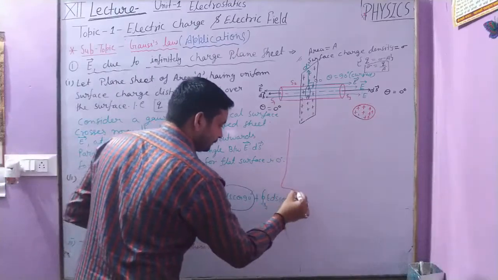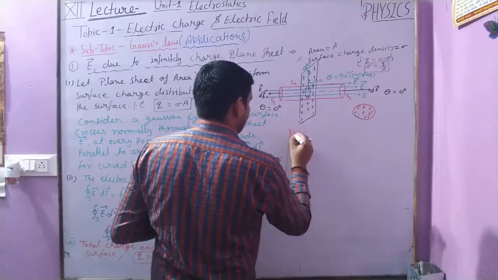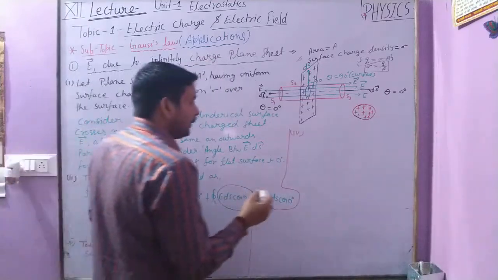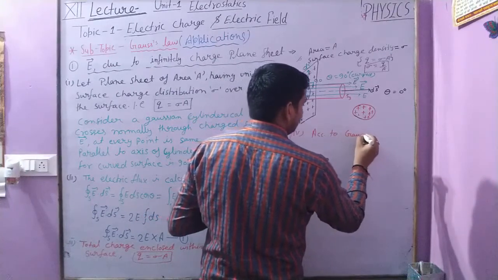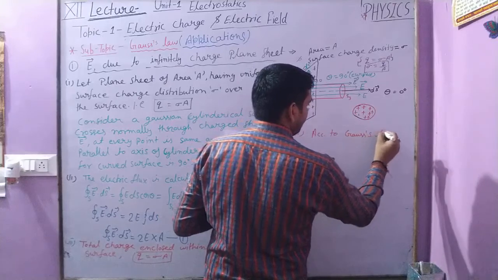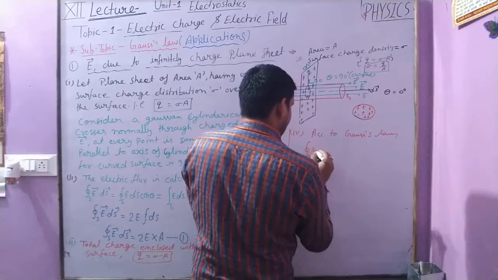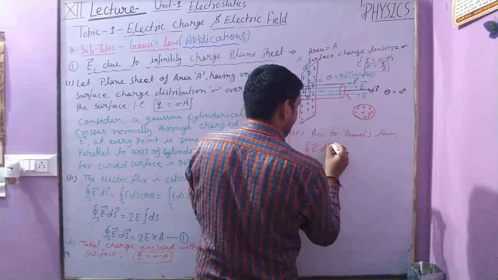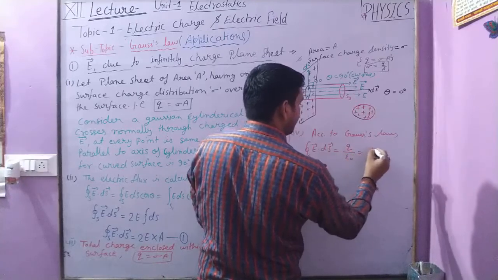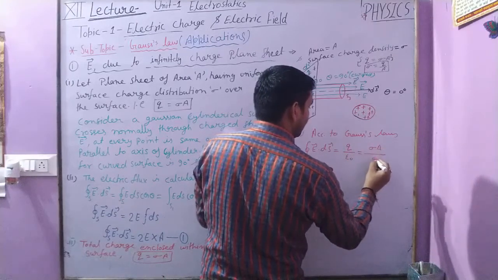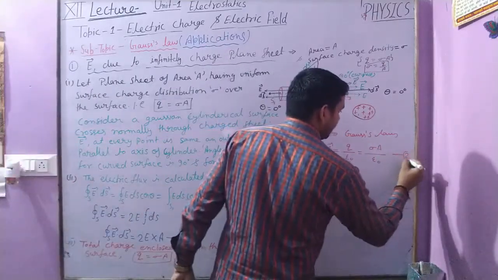Therefore, step 4, according to Gauss's law, electric flux through the surface E dS is equal to Q upon epsilon naught, which is equal to sigma A upon epsilon naught. Clear? This is your equation second.